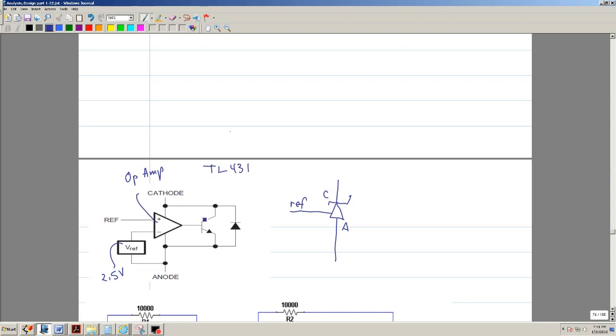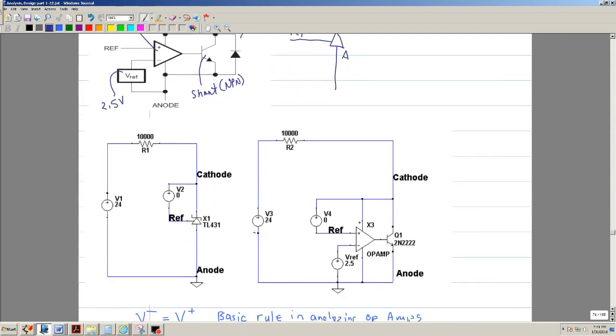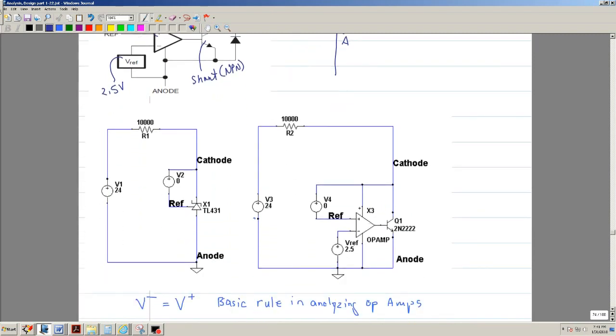And it has a shunt transistor, in this case NPN, and has a diode across the cathode and the anode. Okay, so we got that. What I try to do is show that these are in fact equivalent.